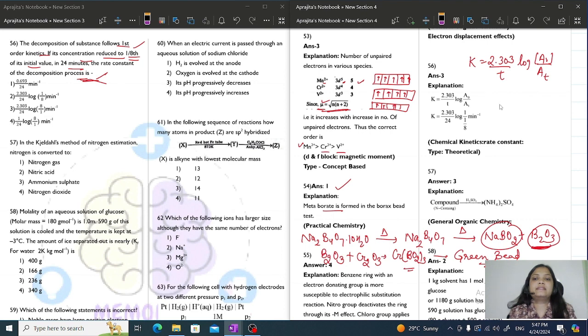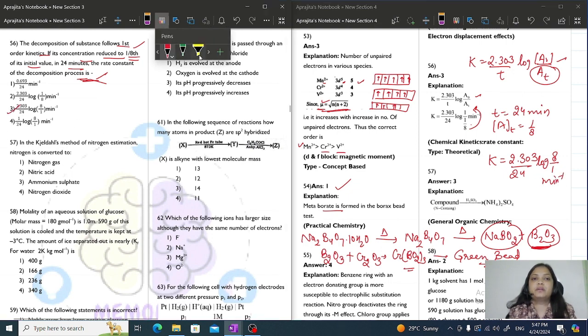Here it is given that at time t, 24 minutes, the concentration becomes 1/8. So if the initial concentration is 1 and the concentration at 24 minutes is 1/8, we can put in the values. From here 8 will go into the numerator and the value will come out to be 2.303 upon 24 log 8 upon 1 per minute. So yes, the answer is going to be option number 3.